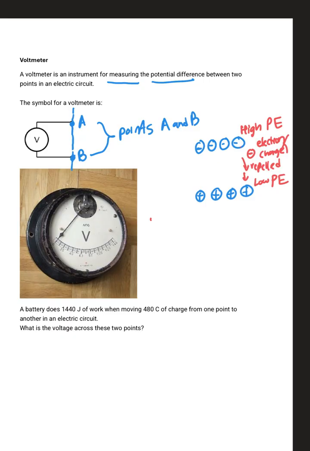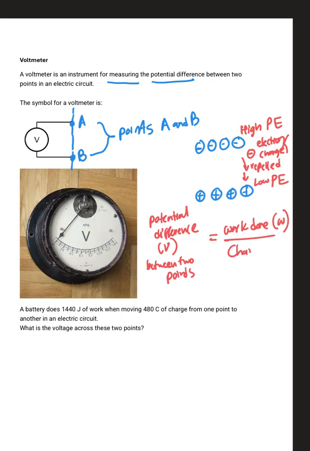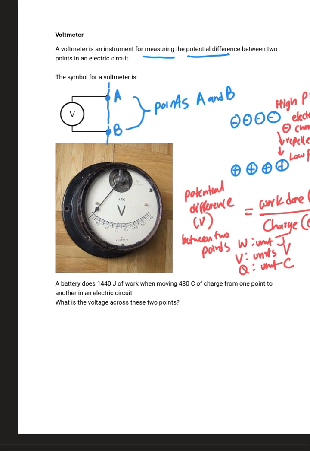So when we write the formula, potential difference, which is V, between 2 points is equal to work done, which is W, over the unit of charge, which is Q. And then we know that the unit of V is volts, the unit of charge Q is coulombs, which is C, and the unit of W is joules. And then here we have an example.